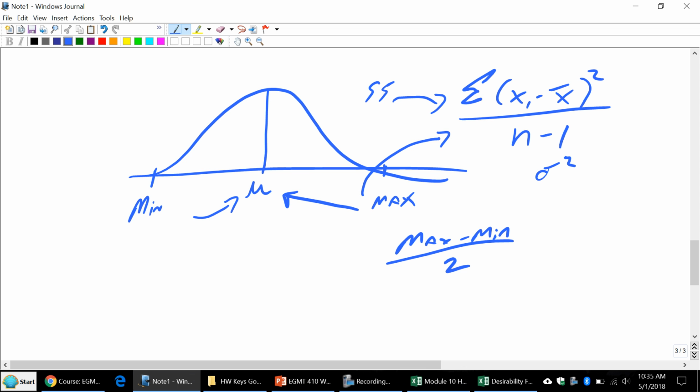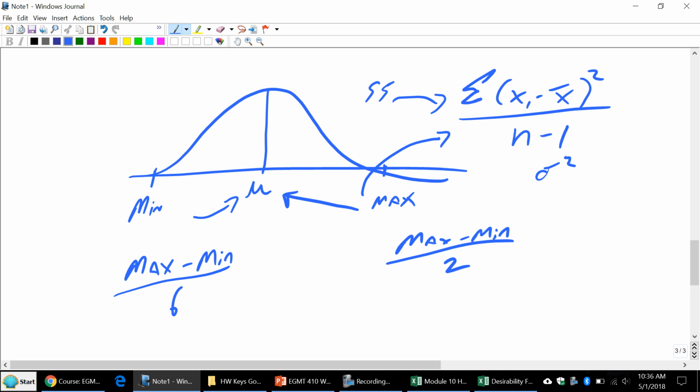Any ideas how I could calculate standard deviation? We take the difference between the max and the mean and divide by 3. Yep, that's actually it. Or you take max minus min divided by 6. Why 6?